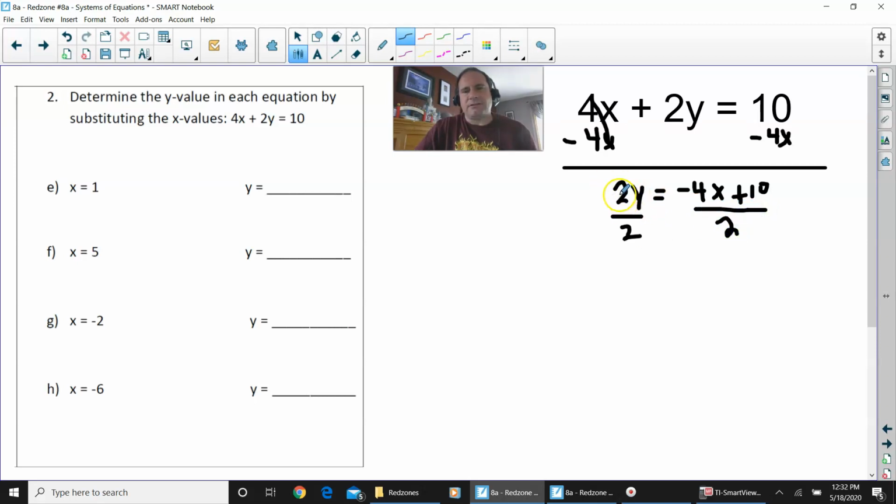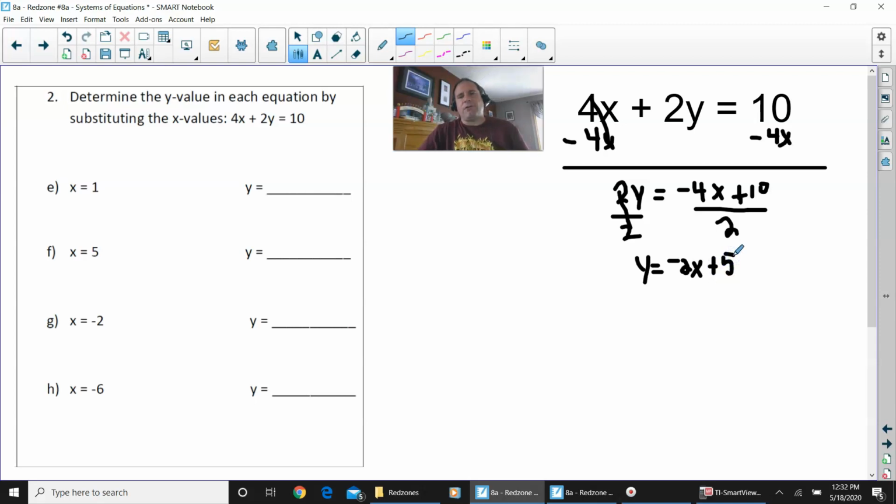So we cancel out the 2 when we divide by 2 on both sides. You get y equals negative 4 divided by 2 is a negative 2. You bring the x down with it. And then 10 divided by 2 is 5.